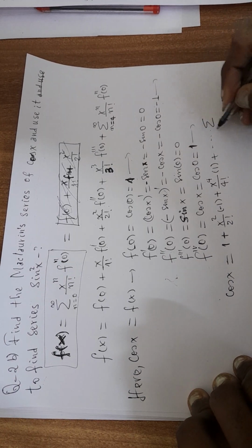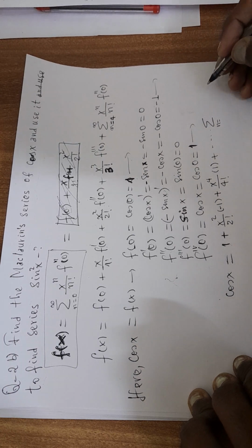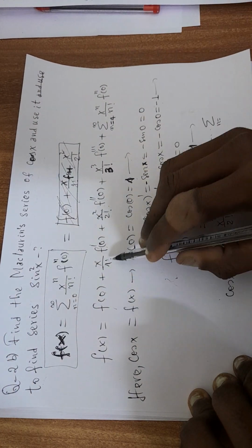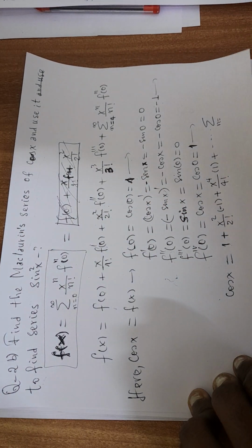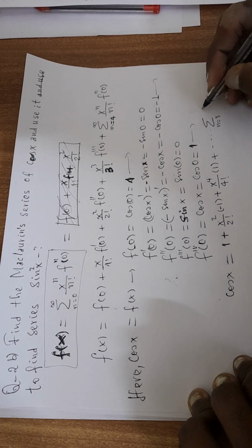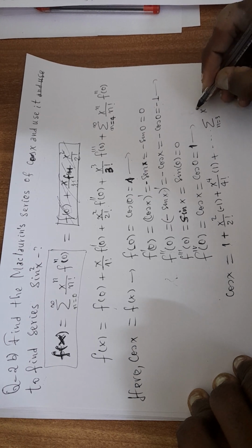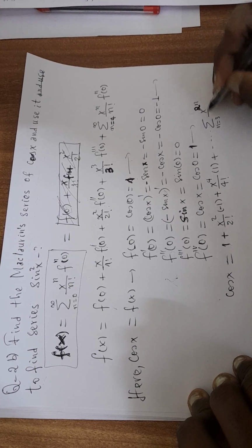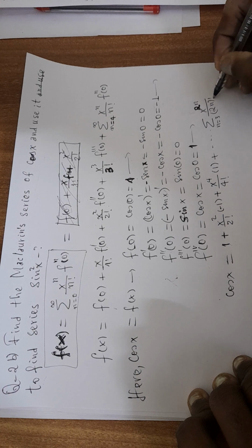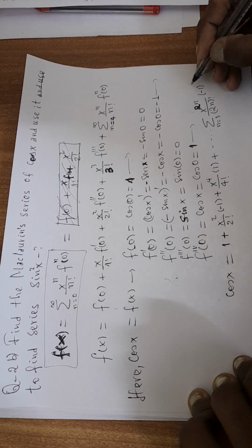So in a nutshell, it will be from 3 and forward, and this will be x to the power 2n upon 2n factorial, then minus 1 to the power n.